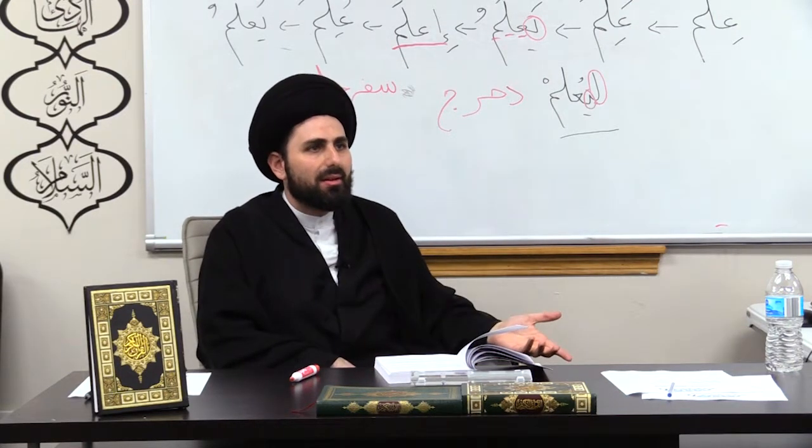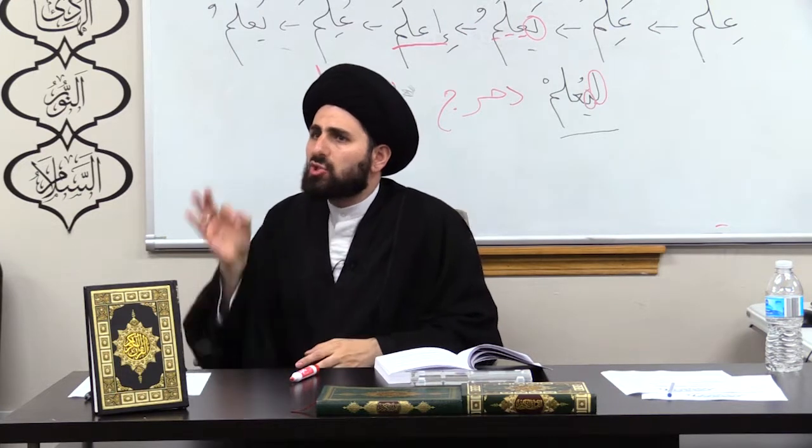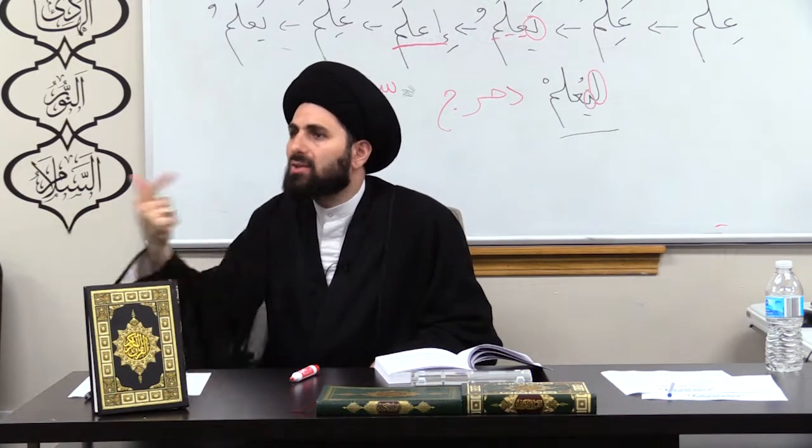Darb. Akala. What is it taken from? Akl. Shariba. What is it taken from? Shurb. We don't have a verb in the Arabic language that is not taken from a noun, from a root word that acts as the derivative for it. So every verb in Arabic is taken from a noun.